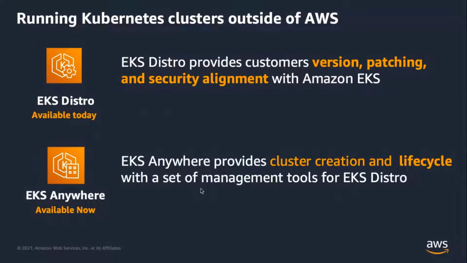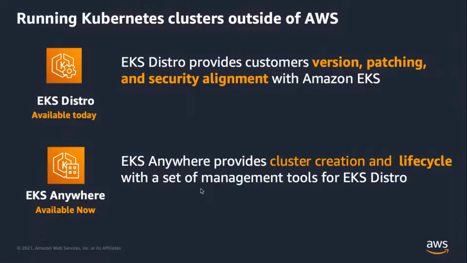If you're aware of all the EKS options available currently in the market, you should know that EKS Distro is an available open source option where we enable on-premises deployment for any customers looking to do Kubernetes deployment on-premises. And EKS Distro is the basic binary or basic Kubernetes distribution that powers EKS across all of its flavors, right? And that includes EKS Anywhere as well.